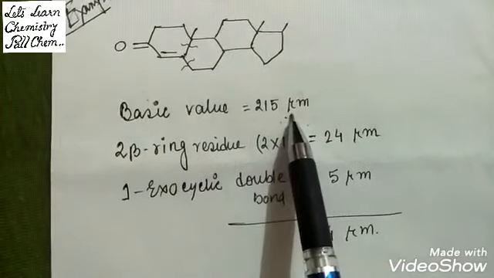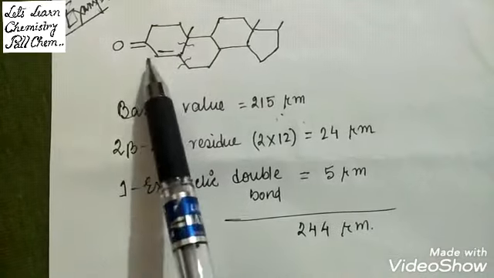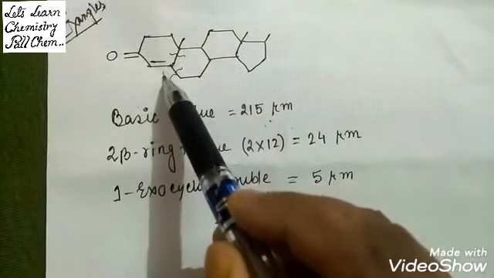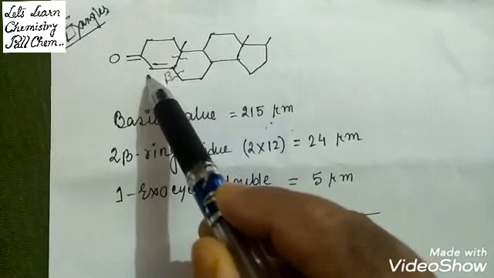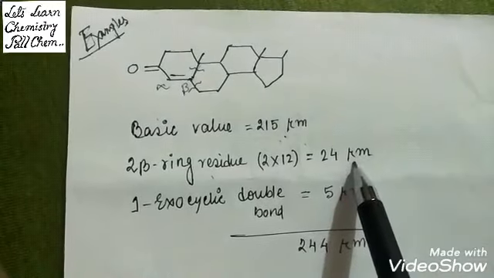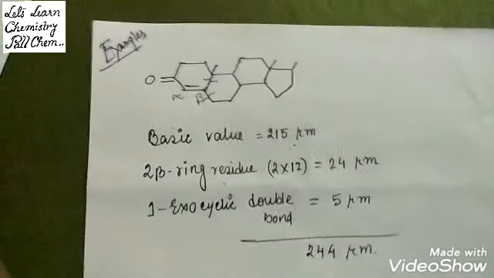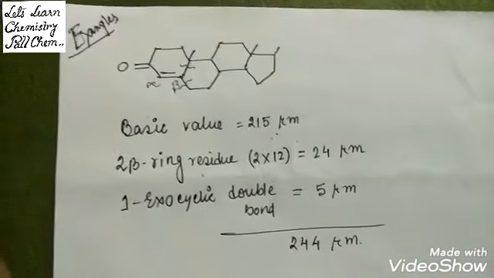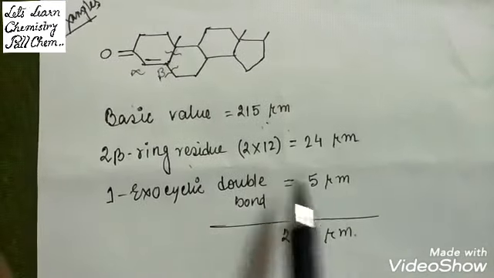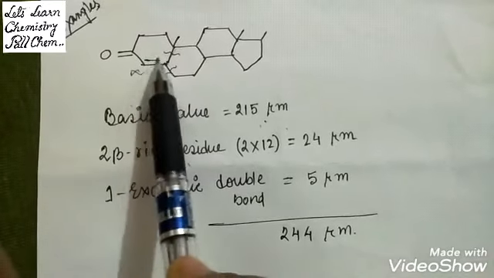Basic value is 215 because of this alpha beta unsaturated ketone. 2 beta ring residues. This is the beta position. This is alpha beta. 2 ring residues, 24. This 12 is already in the table. One exocyclic double bond. So this is 5 nanometer. This ring is exocyclic double bonded. The value is this one.